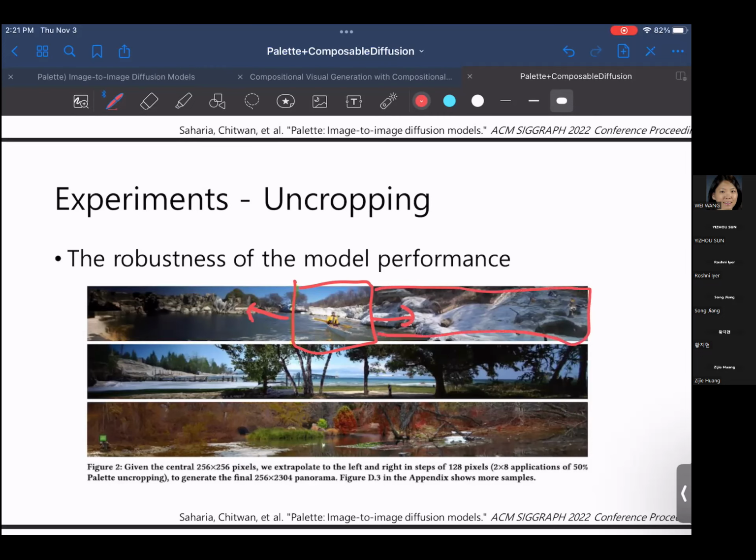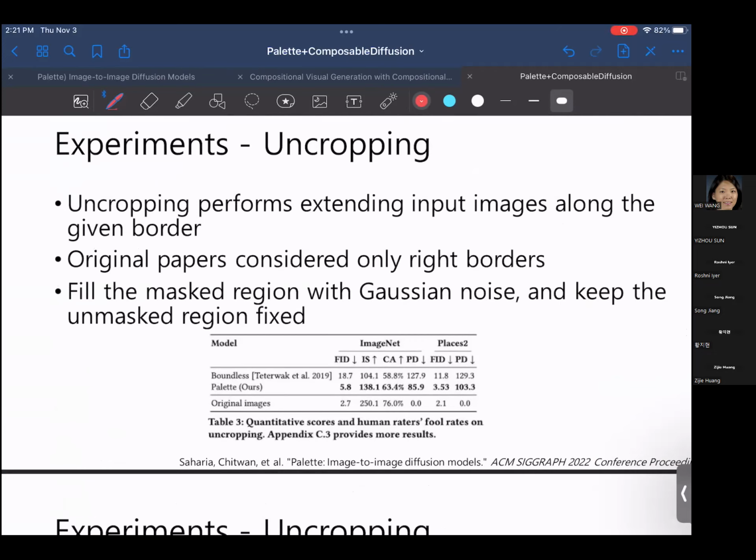It is also impressive because most of the papers presented before this one were extending input images along only one side of the given border, but this paper focuses on all sides of the given border. I would say this is one of the biggest differences of this paper.